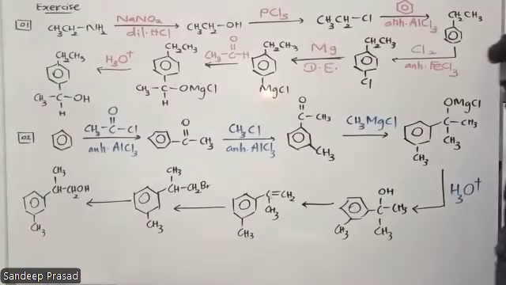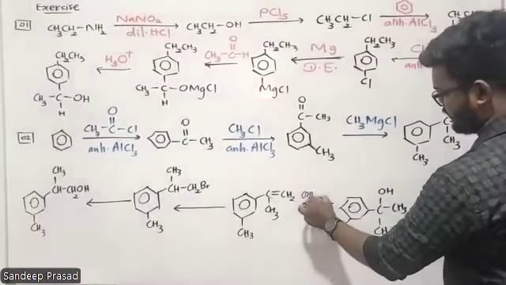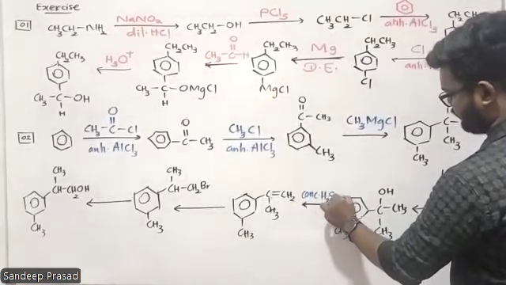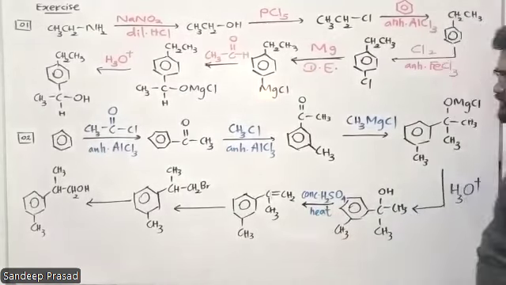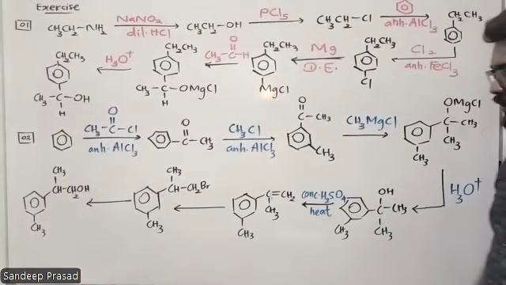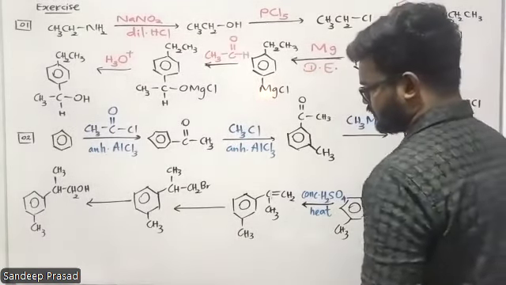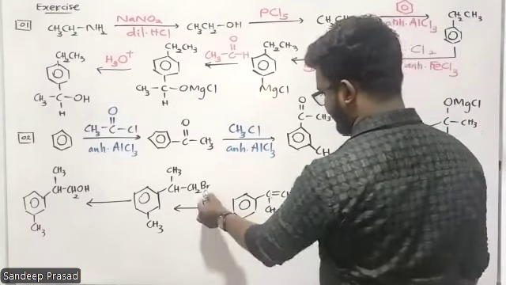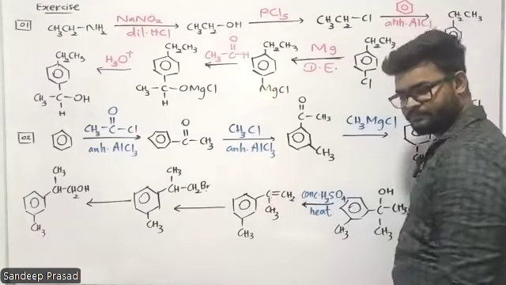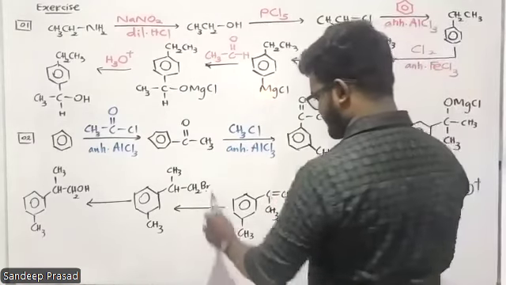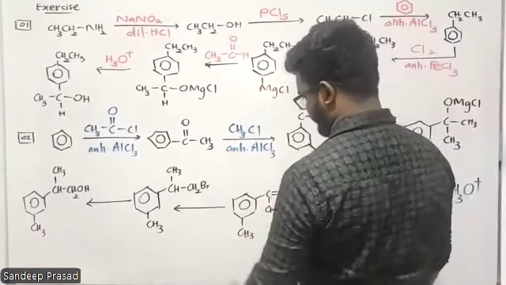H3O plus here. Then here we are going to add conc. H2SO4 and heat this one. So here, what is the product? Bromine is added to the carbon atom where more hydrogen is connected. That means this is not Markovnikov, this is anti-Markovnikov.